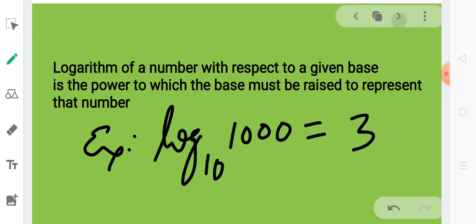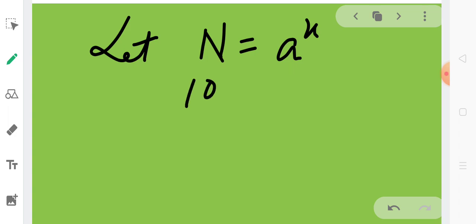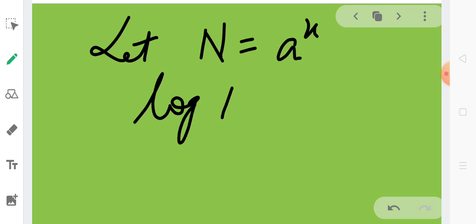In place of 1000 I have written n, in place of 10 it is a, and in place of 3 it is x. So I'm just generalizing the result. Let's proceed with the next step. Let n be equal to a to the power x, then log of n for base a should be equal to x, isn't it?